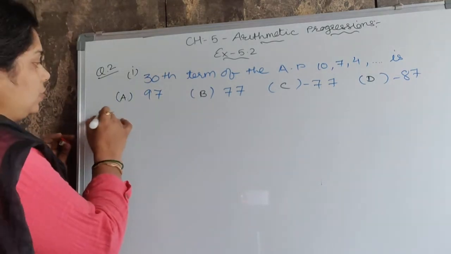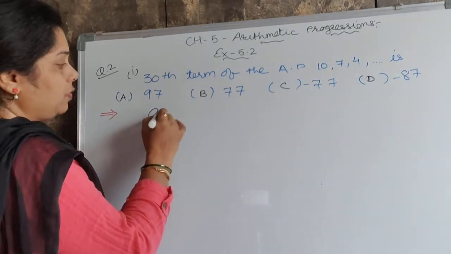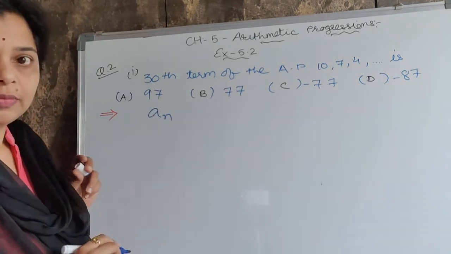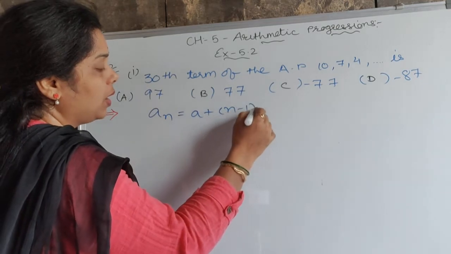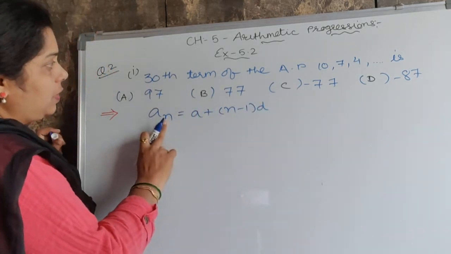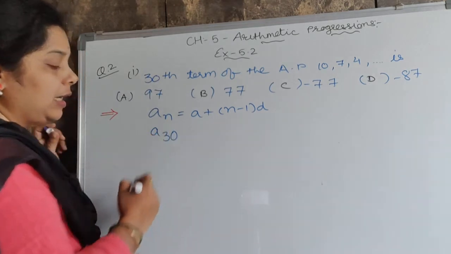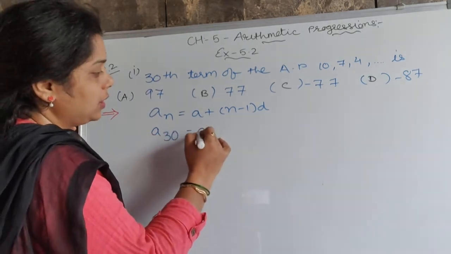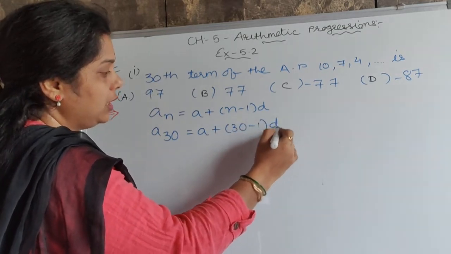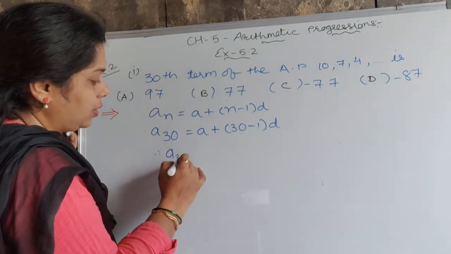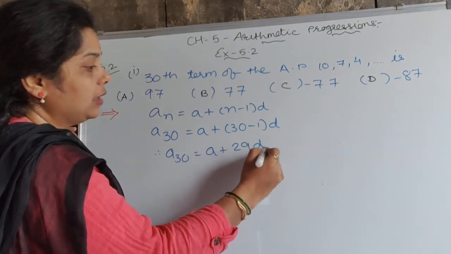Let's write down the steps. First of all we write the formula an is equal to a plus n minus 1 d. As we have to find the 30th term, we write A30 is equal to a plus 30 minus 1 d. So therefore A30 is equal to a plus 29d.